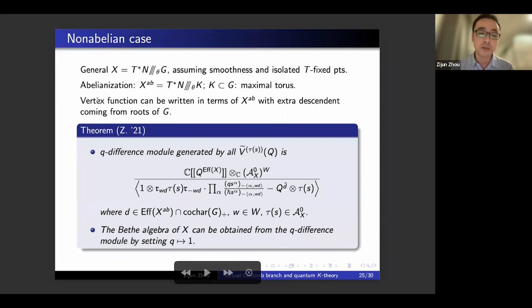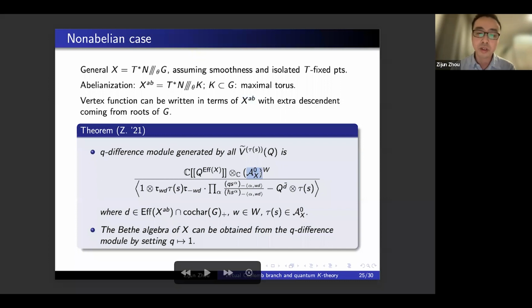The vertex function can be expressed in terms of the abelian quotients of the general hyperkähler quotient, and we also have a description of the quantum q-difference module in terms of the virtual Coulomb branch of this abelian quotient.